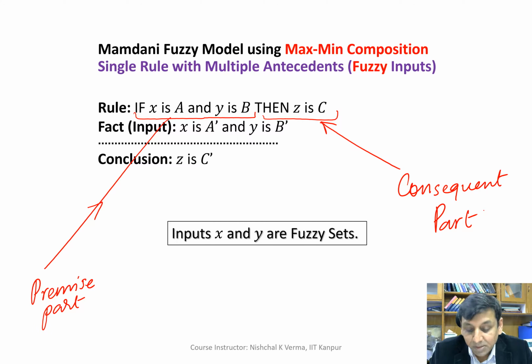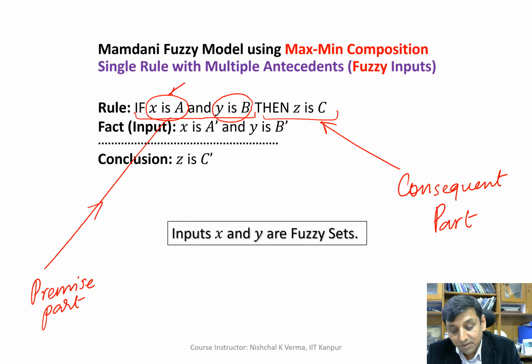In the premise part we see that we have two antecedents. What are those two antecedents here? The first antecedent is x is a, and the second antecedent is y is b.